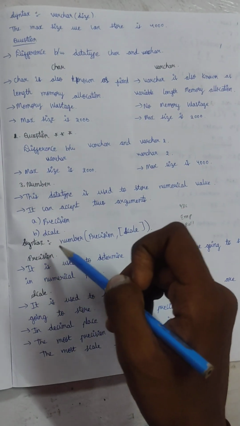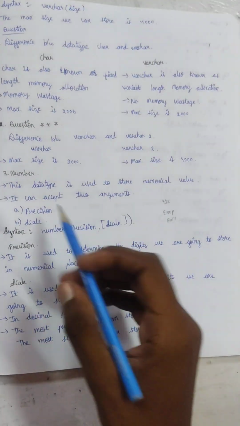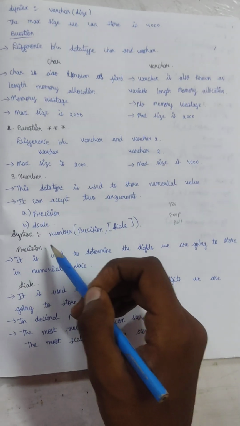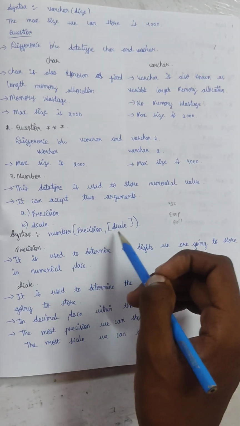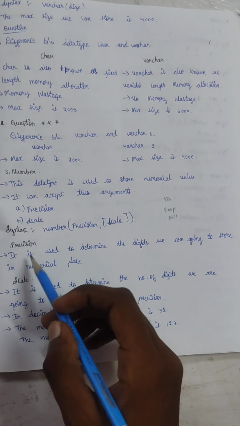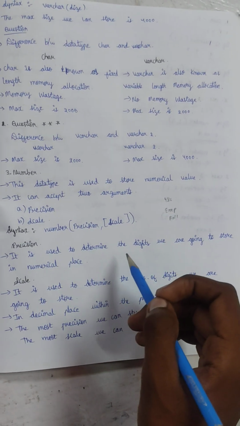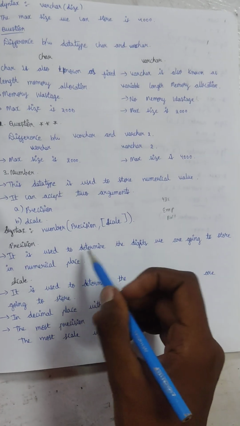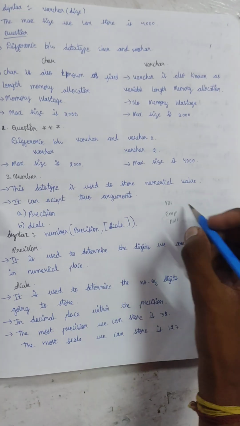In a number we have two arguments, precision and scale. Syntax for number is number of precision comma scale. Precision is used to determine the digits we are going to store, that is, how many digits we are storing.